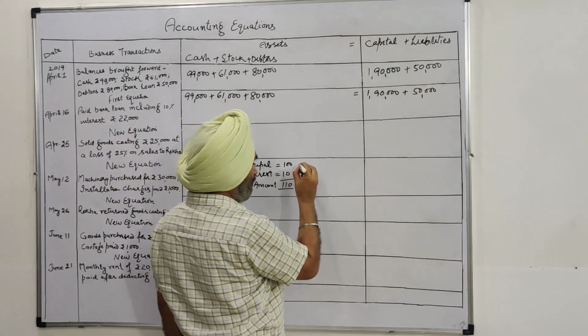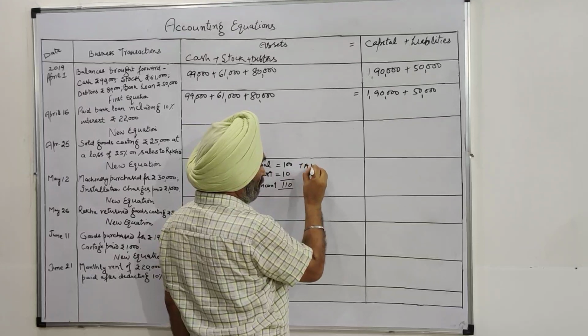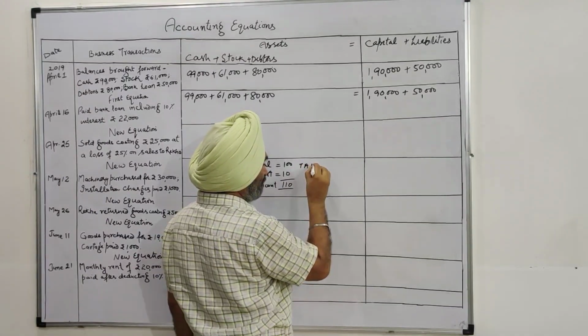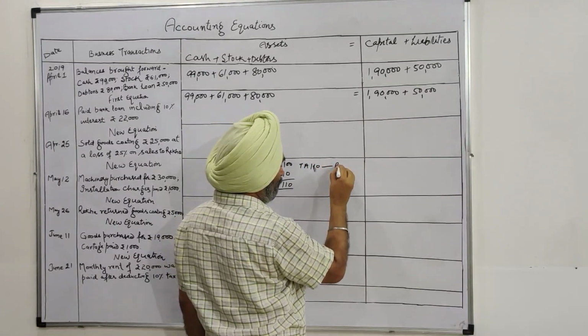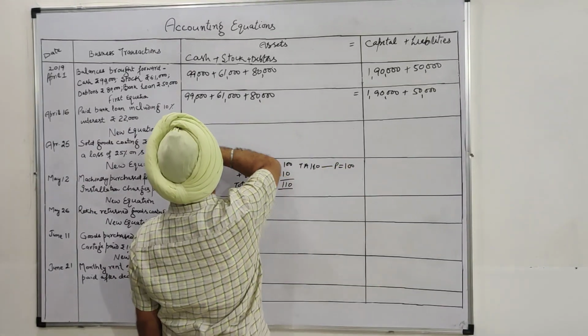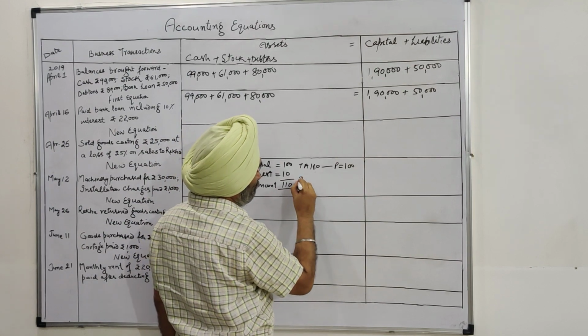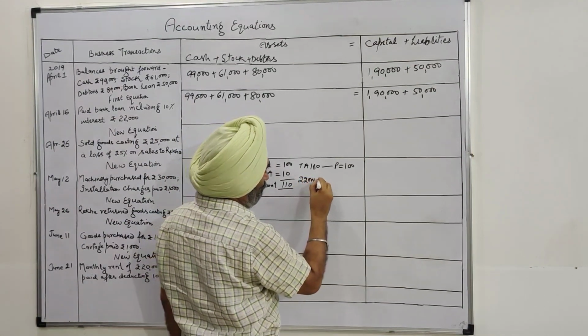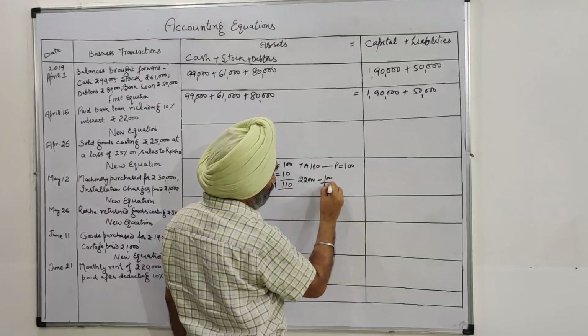If 110 is the total amount, principal amount is 100, and if total amount paid is 22,000, how much would the principal amount be?